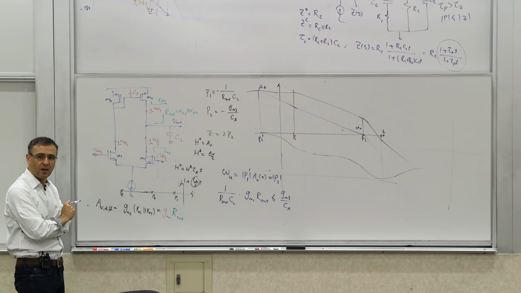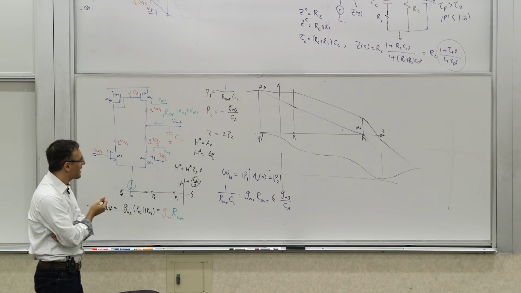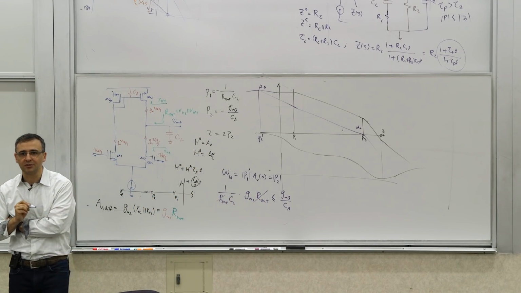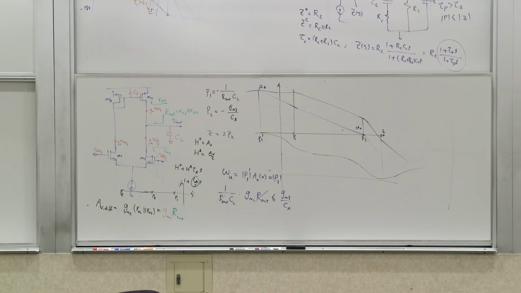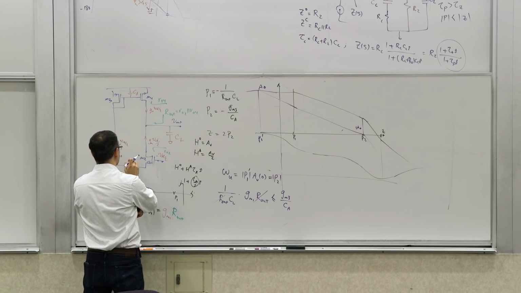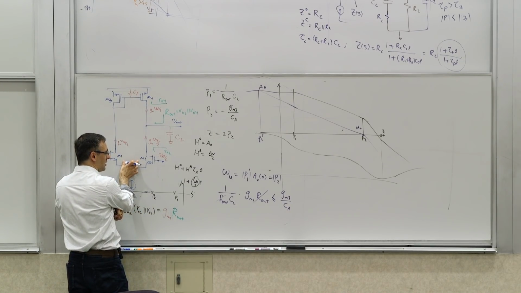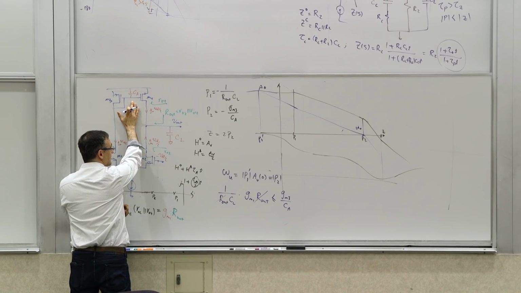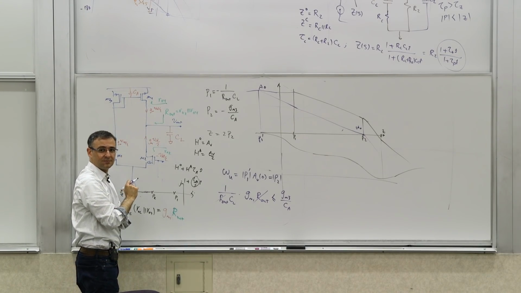But look at this, something interesting happens. R out actually does not enter this equation because of that gain bandwidth product that we talked about. All that matters in this calculation is the transconductance of this stage, the load capacitance, the transconductance of these transistors, and the capacitance here.